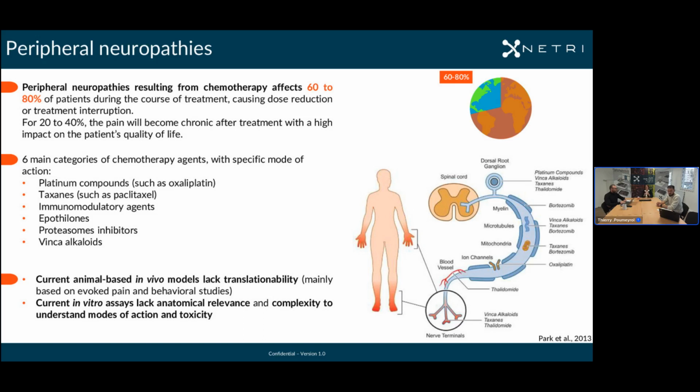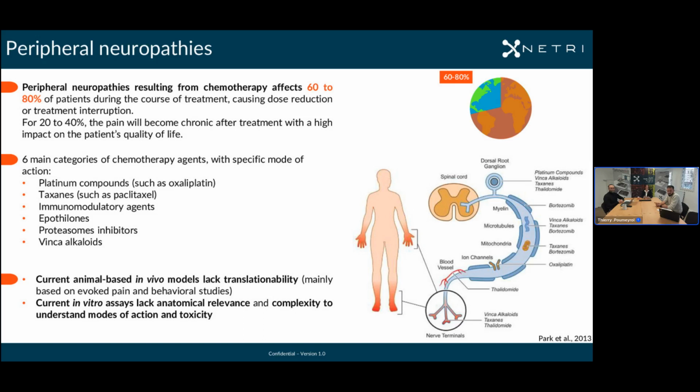So it will have an effect on different cell compartments. Taxanes, such as paclitaxel, for example, will mainly disrupt microtubules and act from the distal axon.